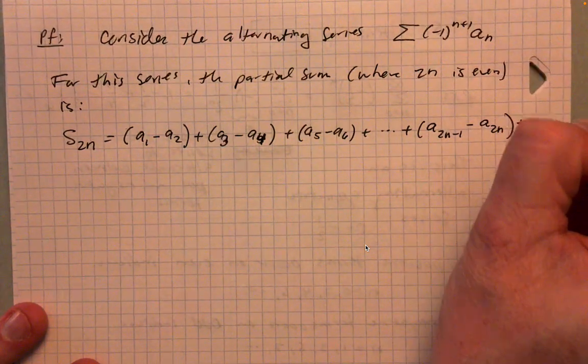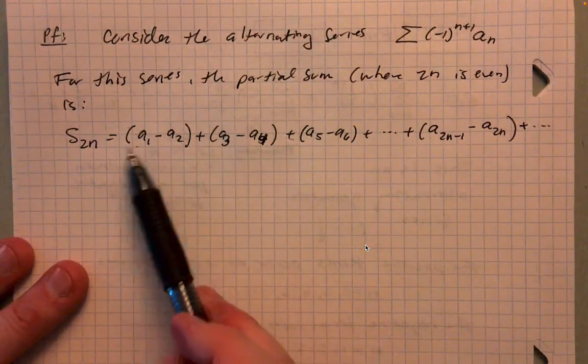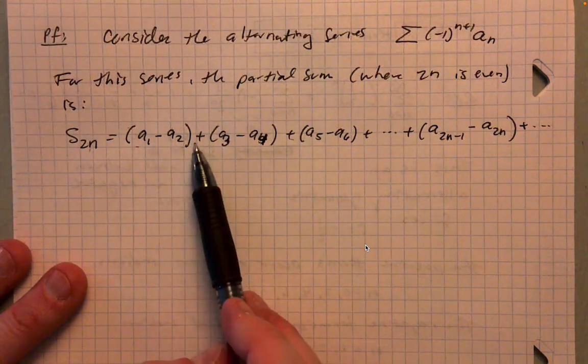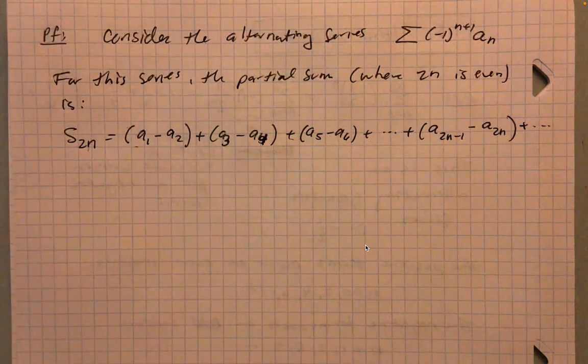And so on. So all we've done here with the parentheses is just group the terms. This would just be a1 minus a2 plus a3 minus a4 plus a5, but grouping them is going to help us see some structure that we can exploit for this proof.